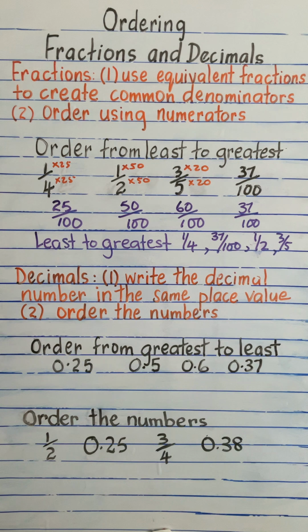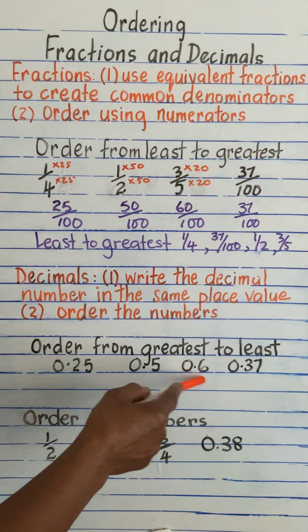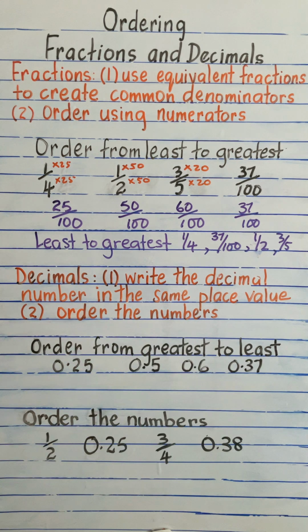Okay, so let's move now to ordering decimals. When we're ordering decimals, we're going to write the decimal numbers in the same place value, and then we order the numbers. So here we have hundredth, tenth, and hundredth. So let's write all of them as hundredth.